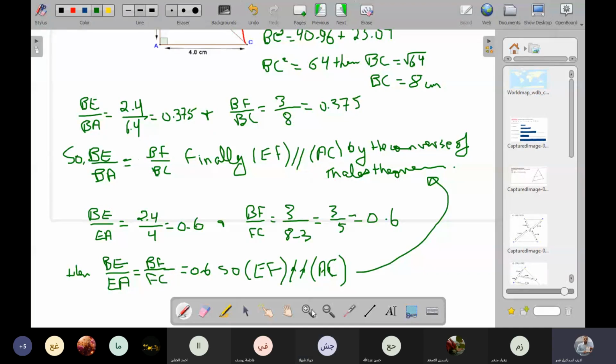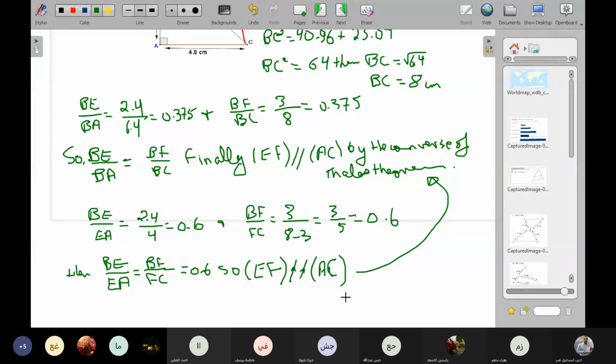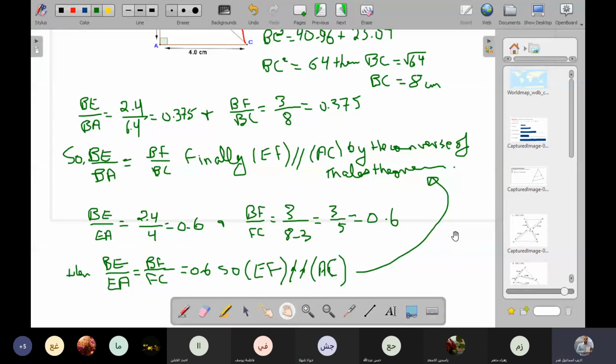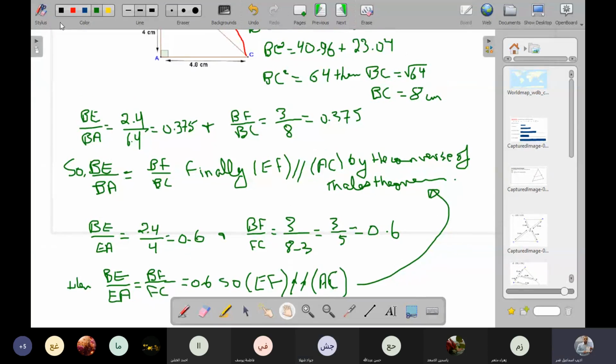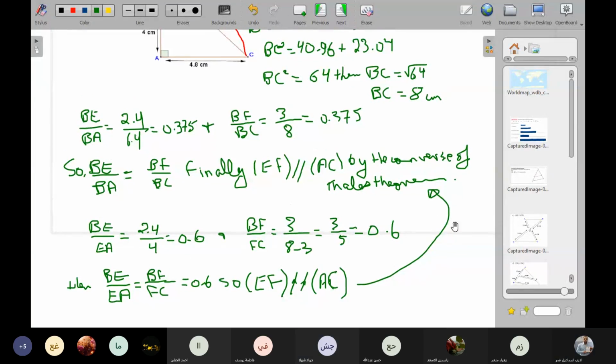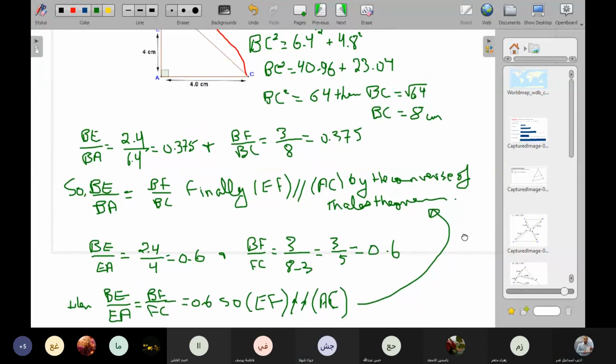Okay, so please now correct them on your revision copybook. You have the figure, right? All of you, do you see? Yes.